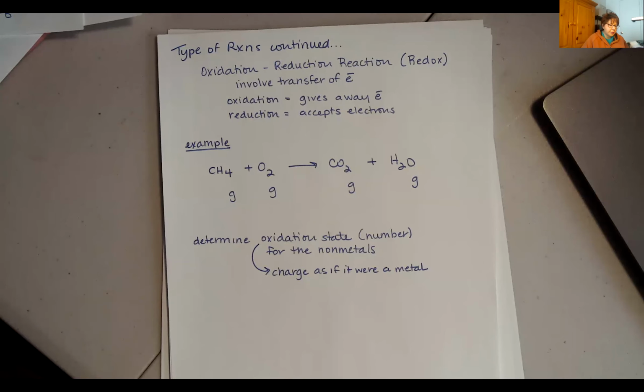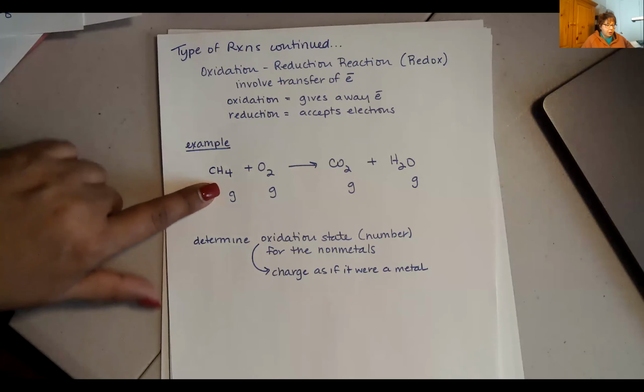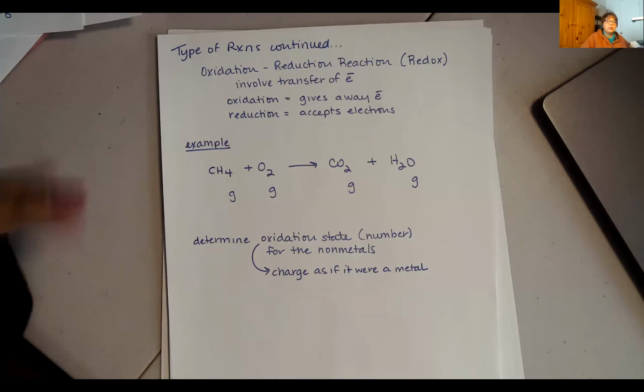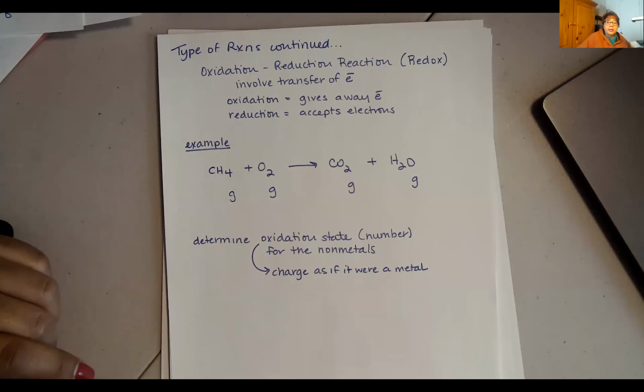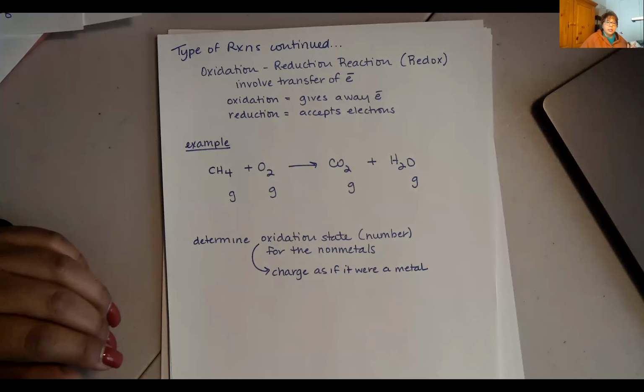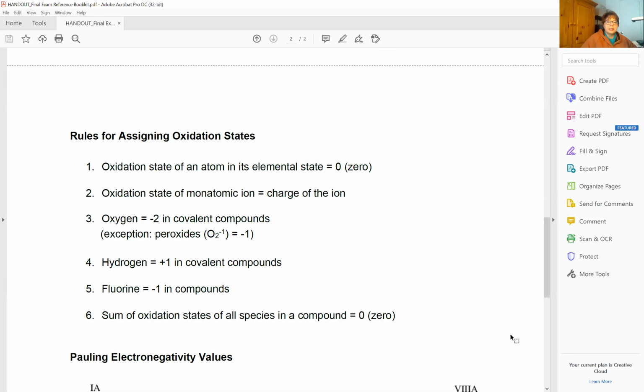So we're going to go through and determine the oxidation states of our reactants first. So looking at your handout, and I'll put the handout on here. Looking at our handout, rule number 1 says the oxidation state of an atom in its elemental state is 0.